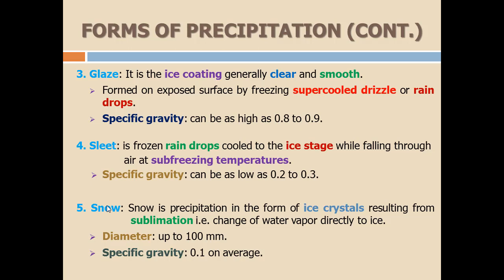It is actually not one drop, but the snowfall occurs in the form of snowflakes, and the snowflake diameter is up to 100 millimeter. The specific gravity of snow is 0.1 on average, the least specific gravity.